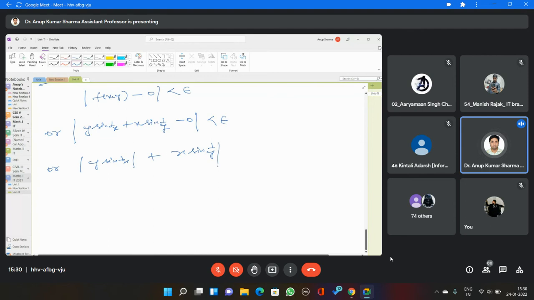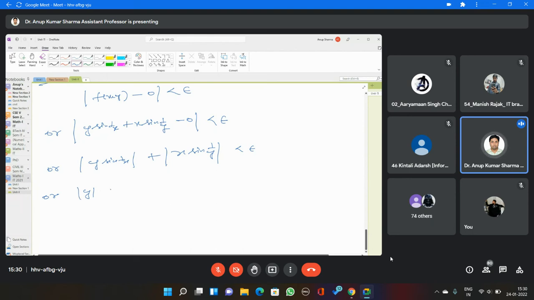The right hand side is less than epsilon, and from the left hand side the term is greater, in this manner we are moving.